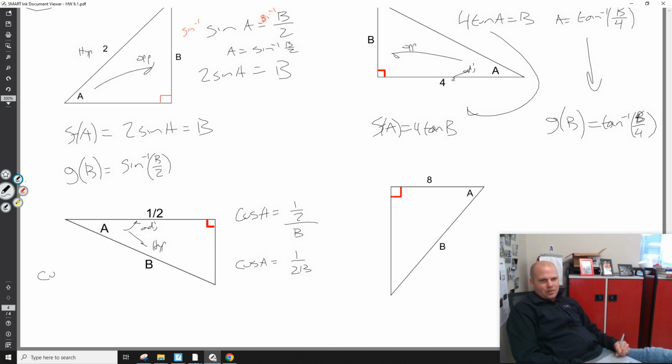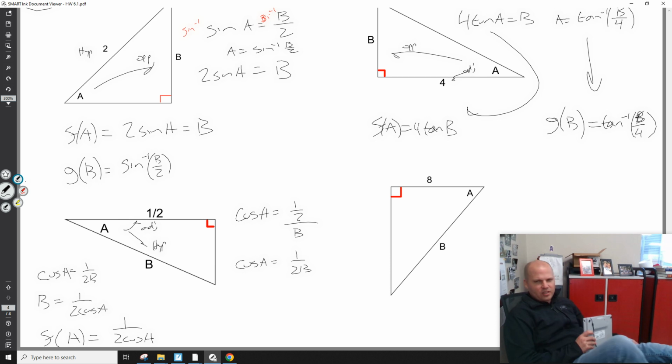So let's think about doing that. This would be your F of A. 1 over 2 cosine A. Plug that in, you get B. Multiply by B, divide by cos A. 1/2 divided by cos A can be written as well, but we don't want fractions inside of fractions.